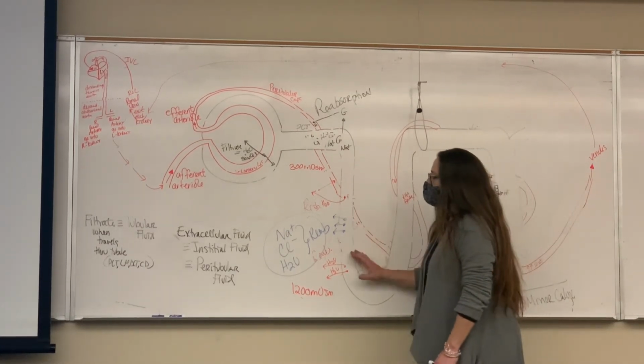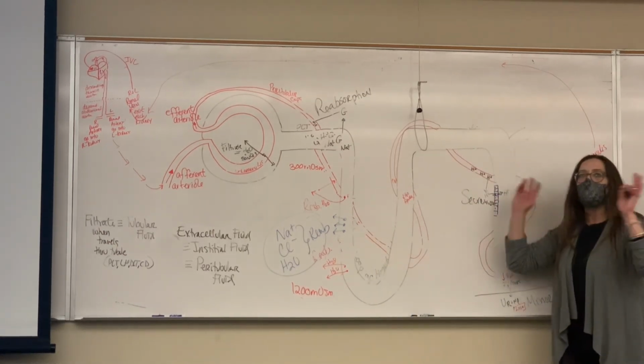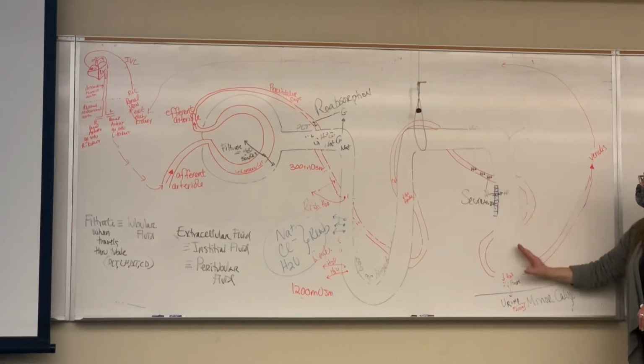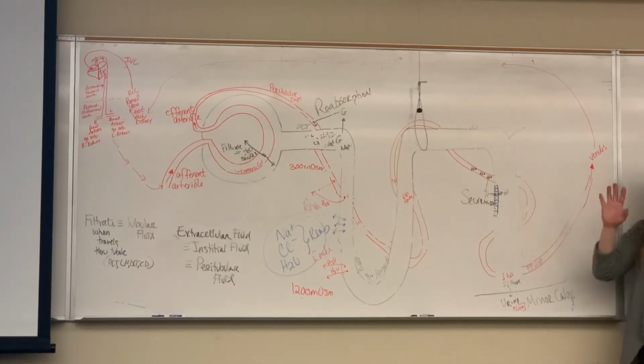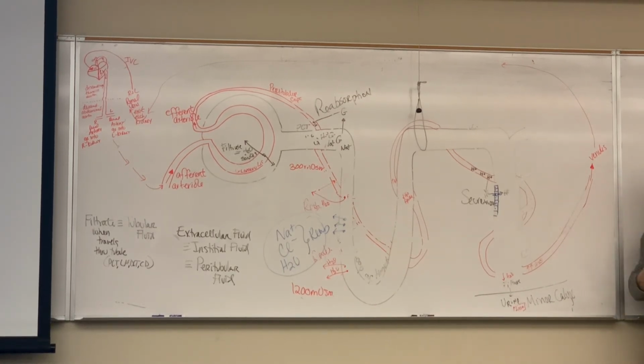So the PCT and loop of Henle, we just reabsorb a lot, okay? We have a lot to reabsorb, just get as much done as possible. So that by the time we get over here to the DCT and the collecting duct, now we can say, okay, now let's see how much more sodium needs to be reabsorbed. How much more calcium, a lot or little?